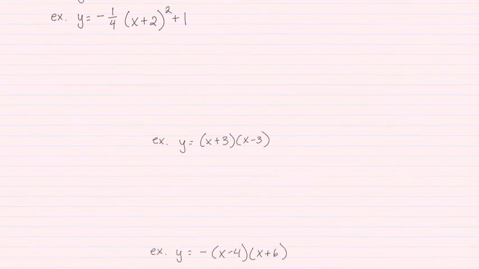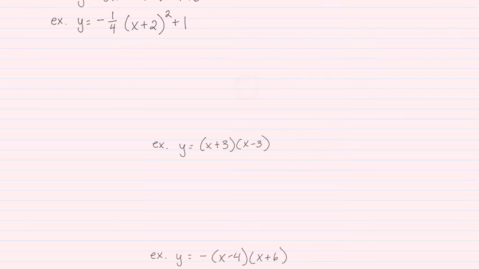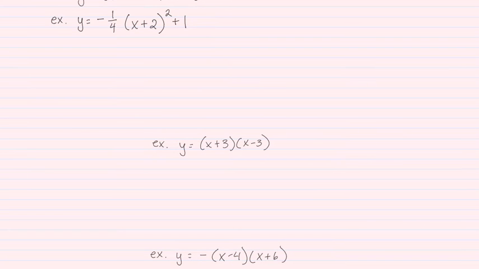Alright, looking at a second example, we have y equals negative 1/4 (x plus 2) squared plus 1. From here, it is in vertex form. We could find the vertex and axis of symmetry, and then we could expand it and find our other points. So from here, I do want to expand it and write negative 1/4 on the outside.